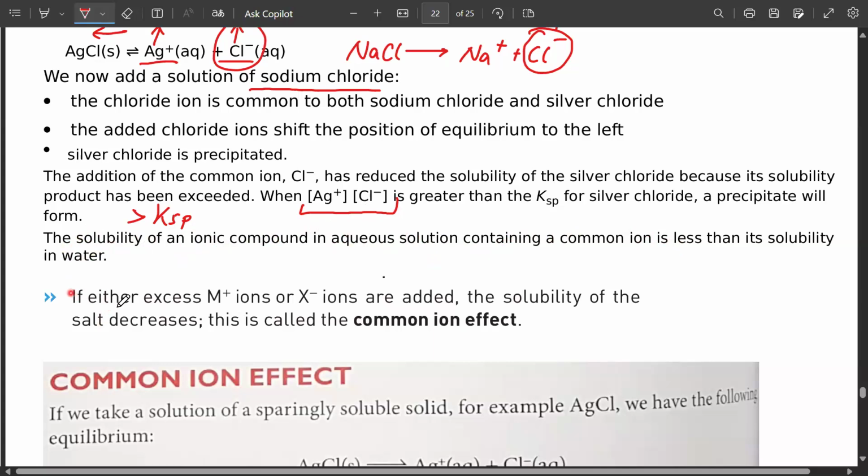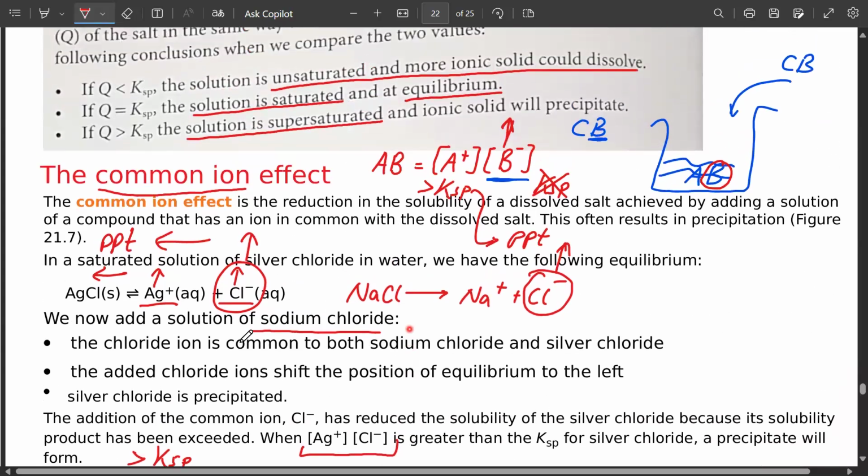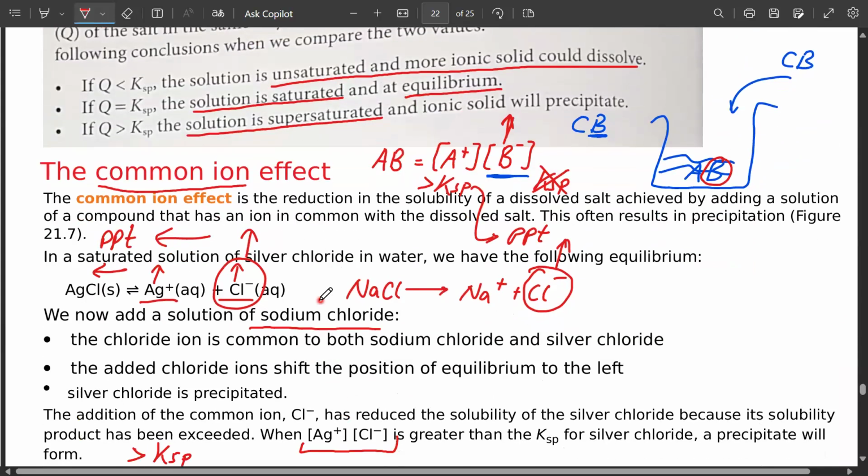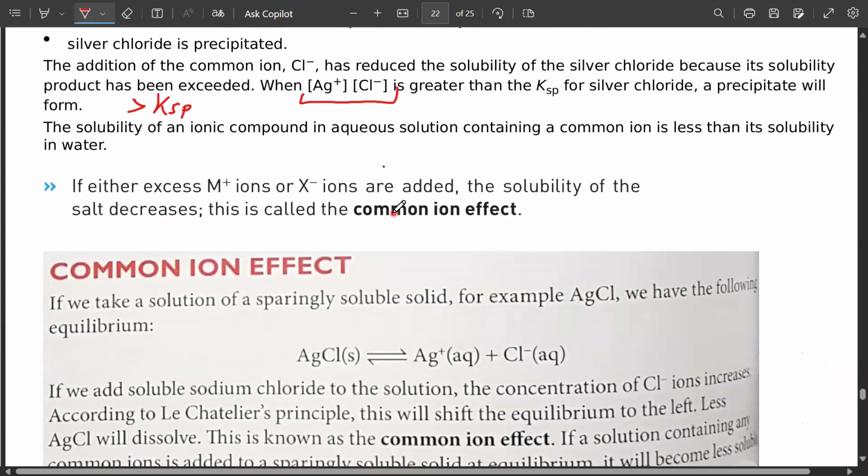In simple terms, if there is an excess amount of the cation or the anion, the solubility of the salt will decrease, and this is called the common ion effect. This definition is not giving you a clear idea, so I would suggest you learn these two lines as the correct definition. This is just the idea of the common ion. It is not a proper definition.